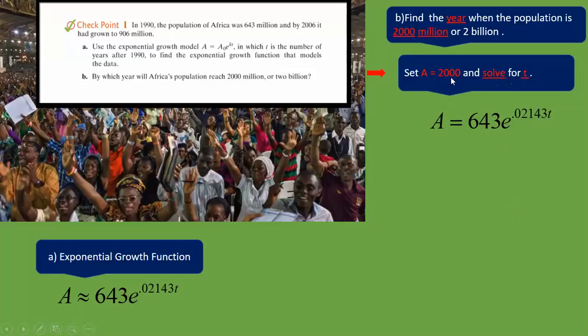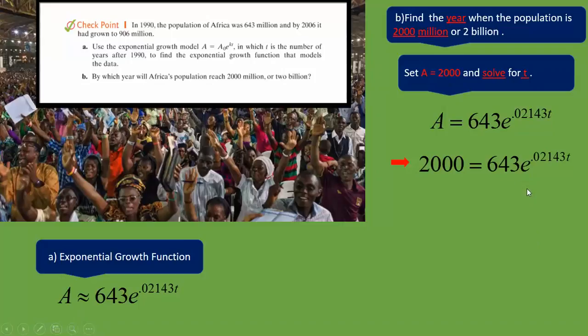So we know the population is in millions, and so 2 billion corresponds to 2,000 million. That's why we set A equal to 2,000. But we don't know when the population will reach that value. So that's why we have to solve for t. So substituting 2,000 in place of A, we end up with the equation that you see here.